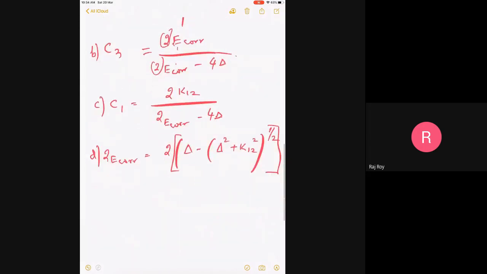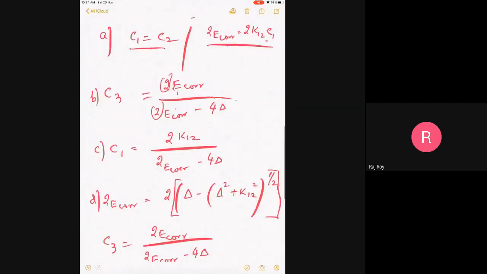All right. What is interesting is to see the C3 equation. Let me go back to this equation of B. Dimer E correlation divided by, I wrote it down, dimer E correlation minus 4 delta. So this is the expression. Once you are able to derive, then you can write this.